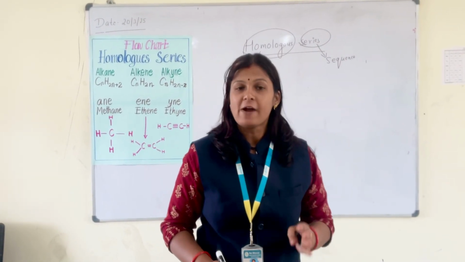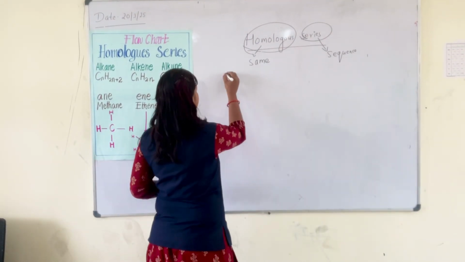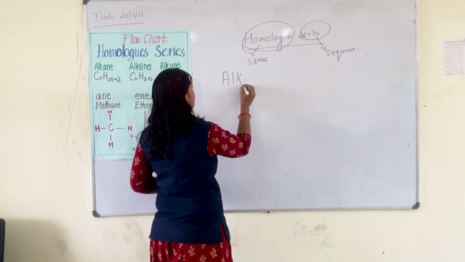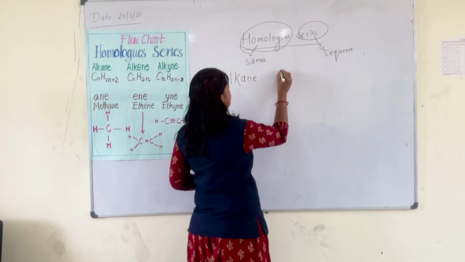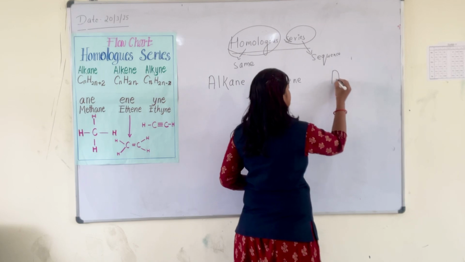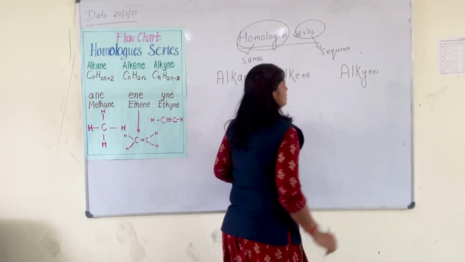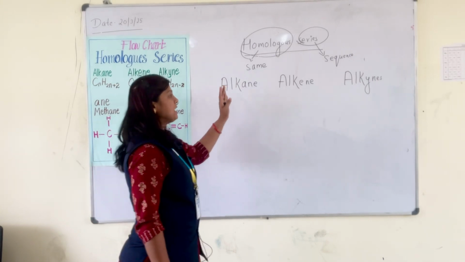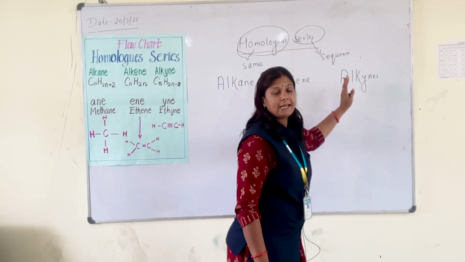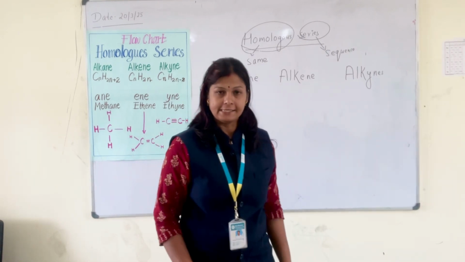They are generally classified into three types: alkane, alkene and alkynes. So today we will focus on alkane, alkene and alkyne, which come under the homologous series.